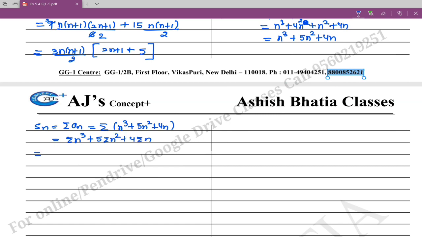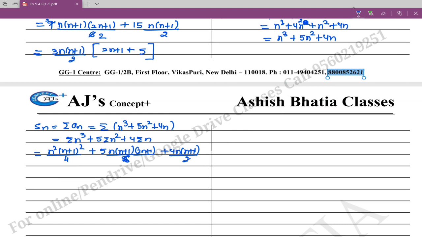Now substituting the values, we will get n square into n plus 1 whole square divided by 4 plus 5 times of n into n plus 1 into 2n plus 1 by 6 plus 4 times of n into n plus 1 by 2.